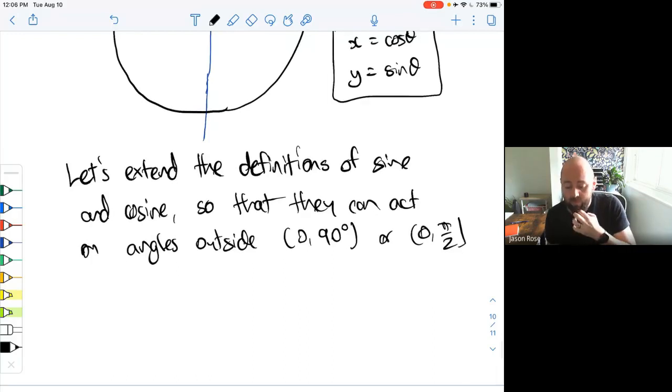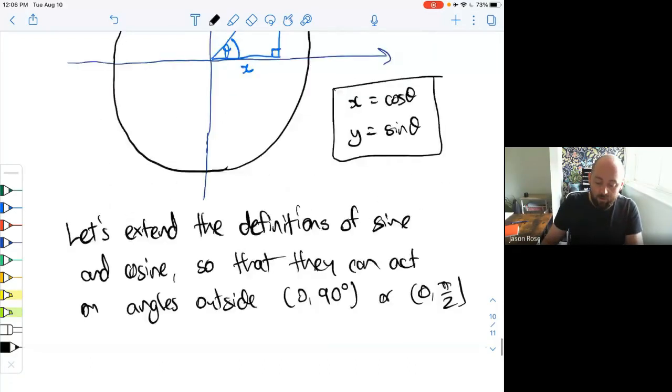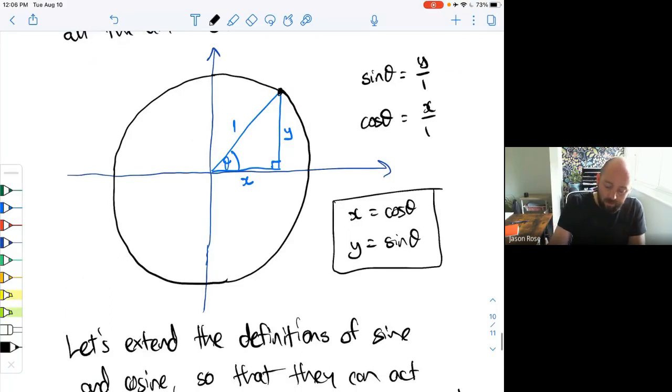So what we're going to do is extend it, and we're going to say that this is also going to work for angles outside. So what we have here, this would be the point xy. It's actually cosine theta, sine theta, based on what we just discussed.